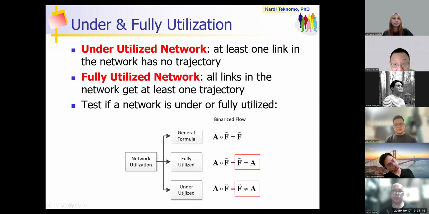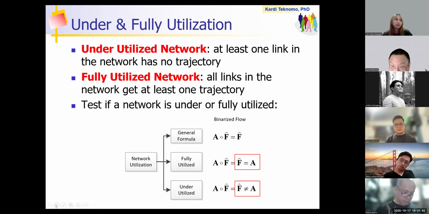If not fully utilized, meaning at least one link has no trajectory, it will be the same as F bar, but it's not the same as A. So this also becomes one of the tests of whether the network is fully utilized or not.